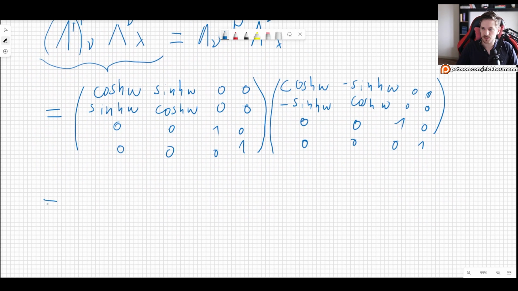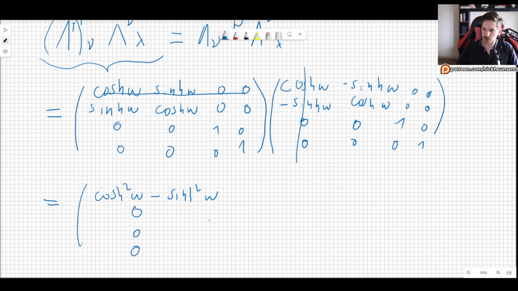So let's multiply through. We have cosh sinh times these things. So we get cosh squared of omega minus sinh squared of omega. Then right underneath, we multiply this row times this column as well. So there we have sinh cosh minus sinh cosh, so 0.